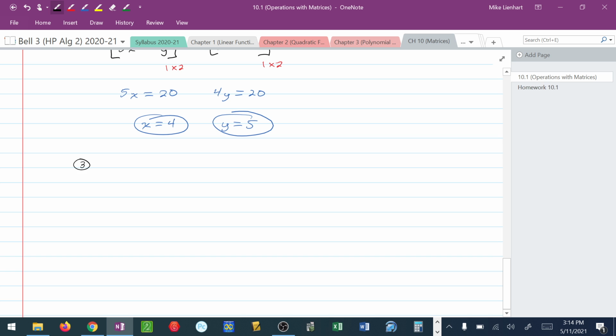So let's say in this example, we have 2x plus 3y and x minus 2y is equal to 3, 12.